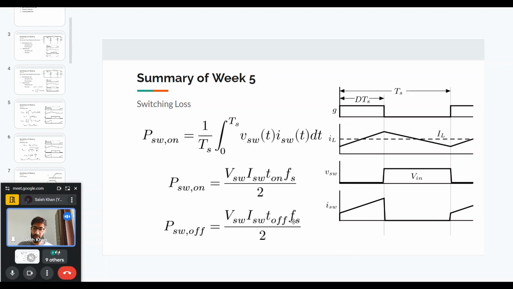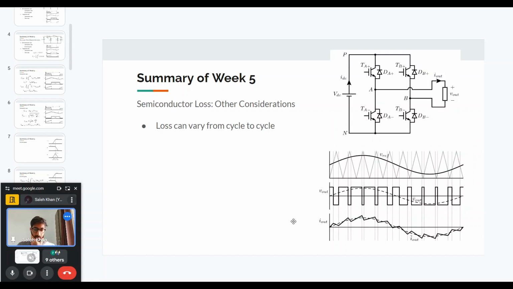So this is basically a simple way to find out the conduction loss and the switching loss for DC-DC converters, like buck converter, boost converter. But for other converters where the waveforms are not constant, or they're not DC-DC converters, the loss is actually a bit more difficult to find, and it can vary from cycle to cycle.